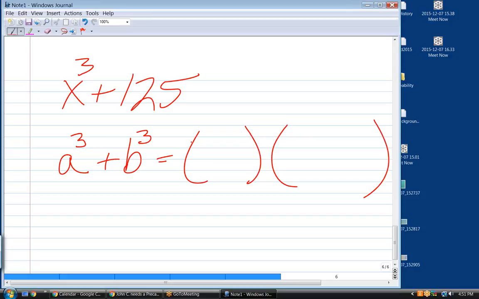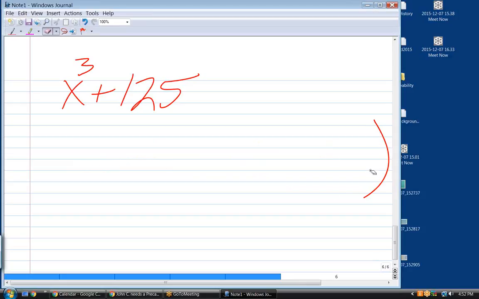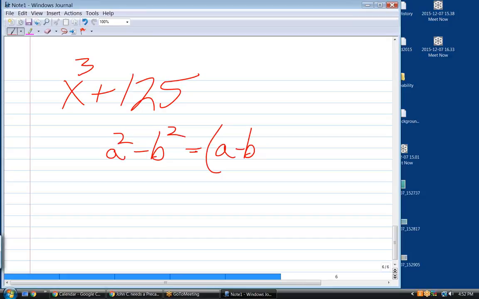What's the linear term? Always the linear term is the same sign as that. Always. In fact, okay, let's go over these because this is going to make it much easier to memorize. If you have the difference of squares, that is A minus B times A plus B.